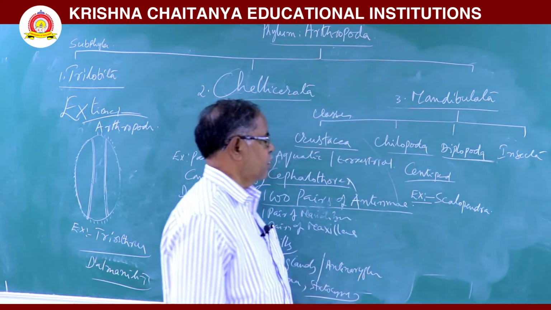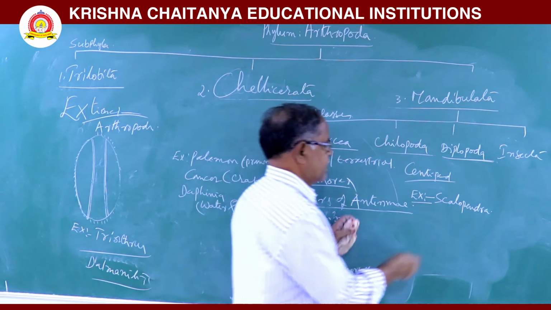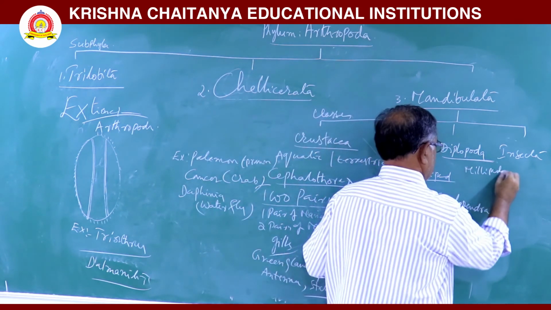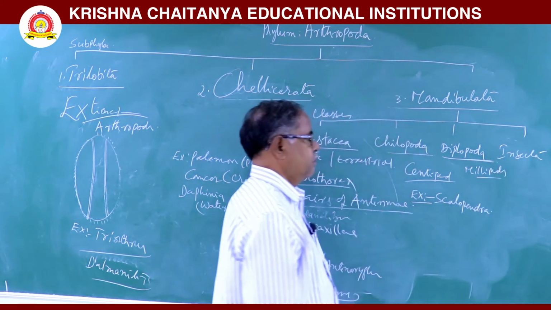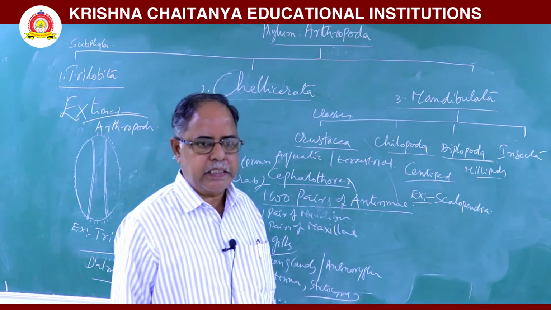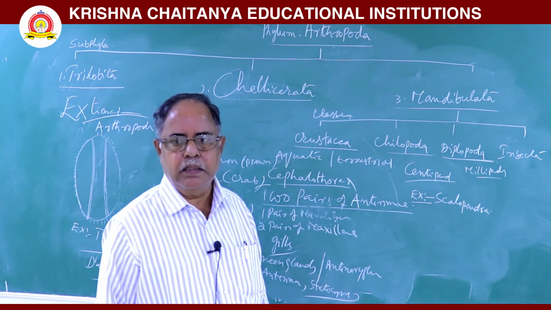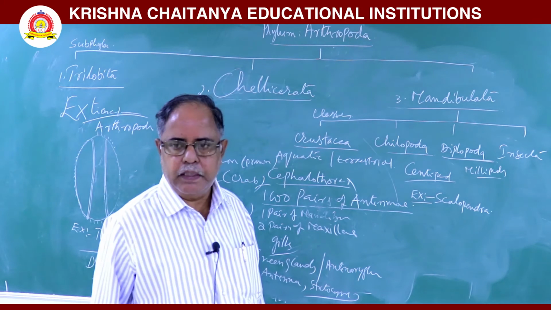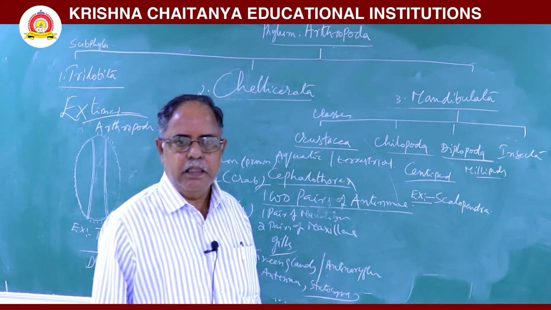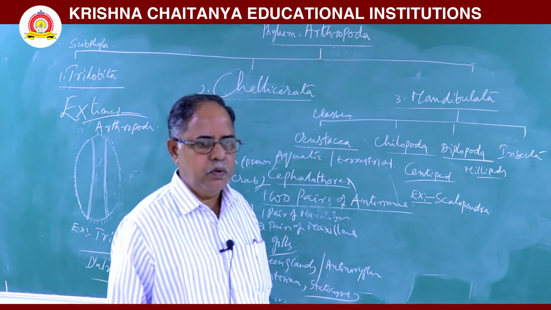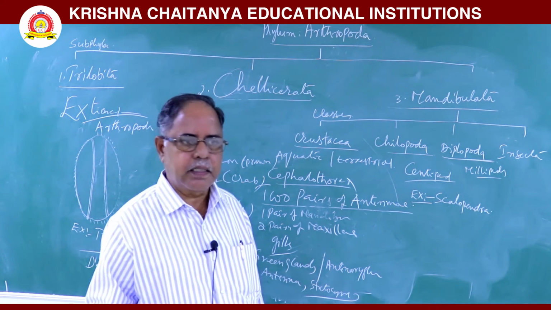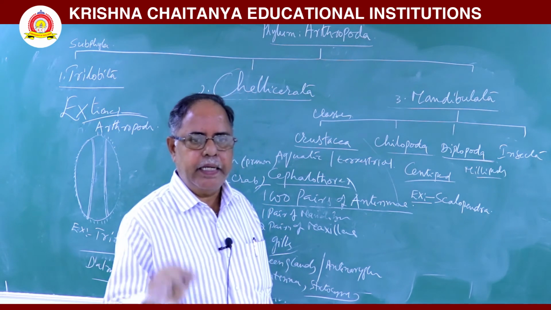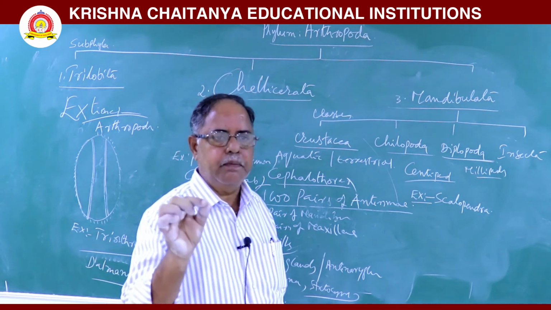Next, Diplopoda. These diplopods are generally called millipedes. These are also terrestrial animals. They feed on decaying plant material. The body is divided into head and trunk. The head bears paired antennae, paired mandibles, and paired maxillae.